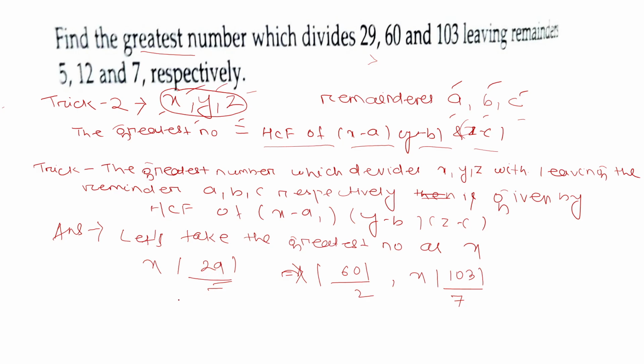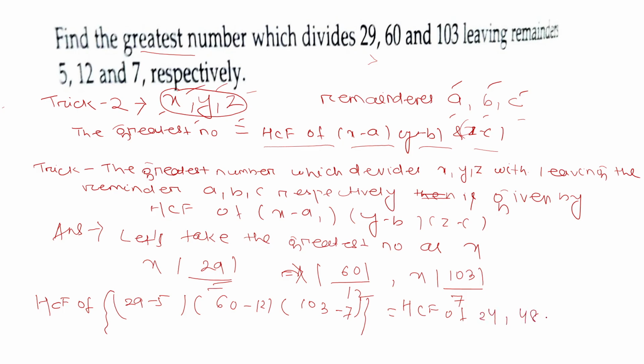That is the HCF of 29 minus 5, 60 minus 12, and 103 minus 7. So the HCF of 24, 48 and 96.